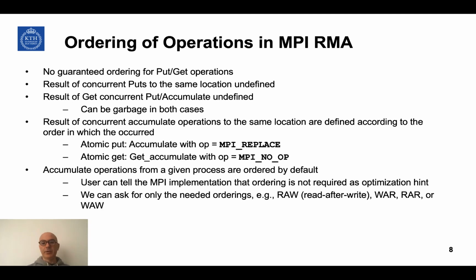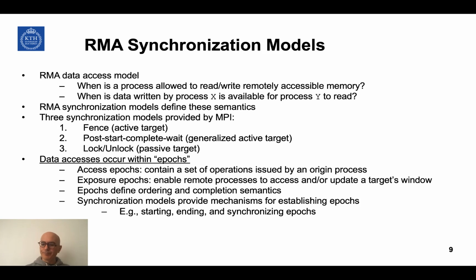We can ask for only the needed orderings, for instance, read after write, write after read, read after read, and write after write. These are some optimization techniques that can be provided as a hint.